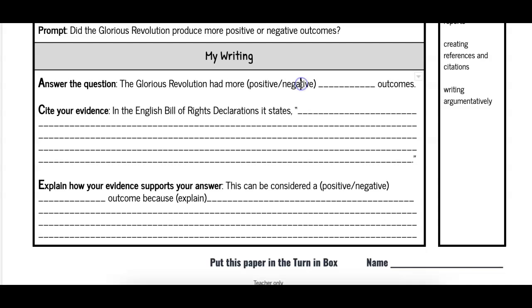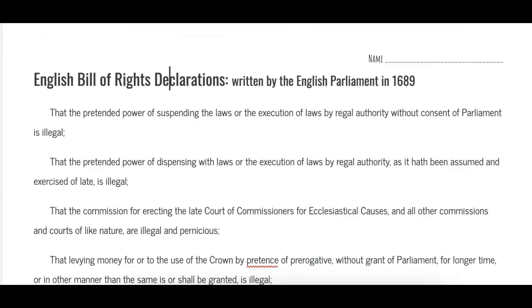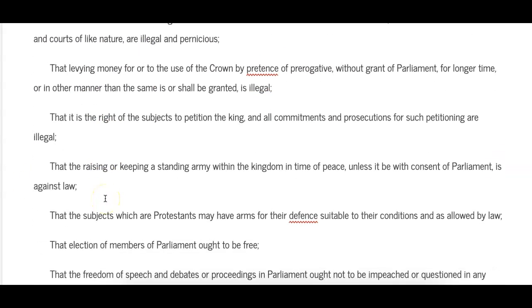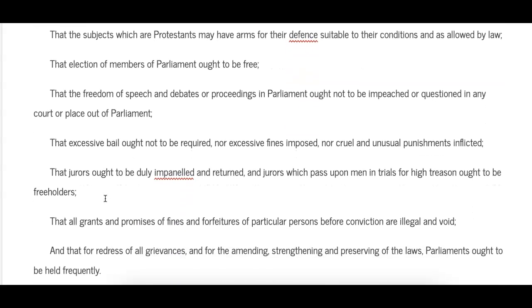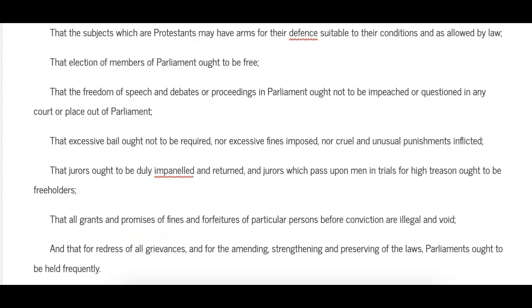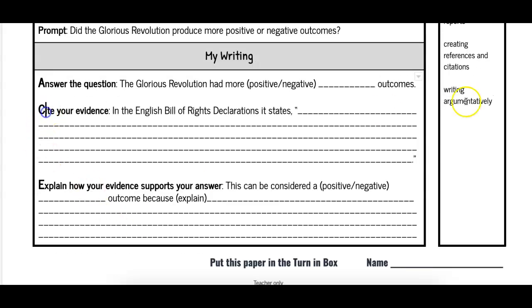If I chose negative, I need to choose a quote that implies there was a negative outcome. Where do I find my quote? I'm going to go back to my primary source document here, because this is where I got the direct quote information. You have lots of statements to choose from, and you should have annotated them to see what they mean. So choose the best quote or the best line for you and your argument, and write that in your Cite Your Evidence section now.